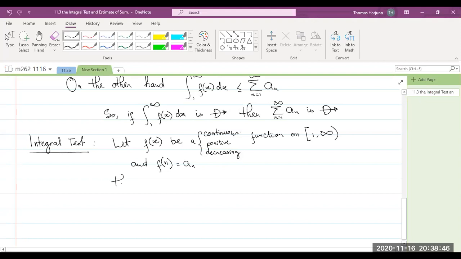Then the infinite series and the integral of that function from 1 to infinity are both convergent or both divergent.